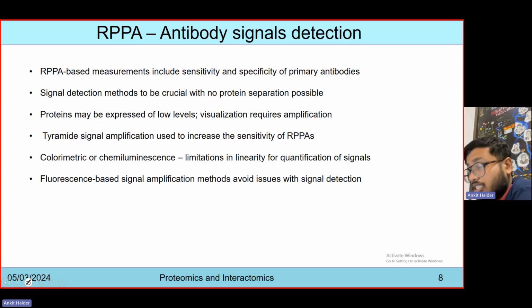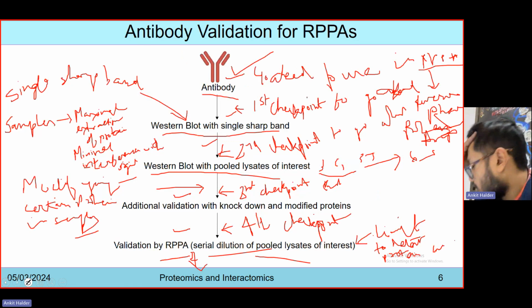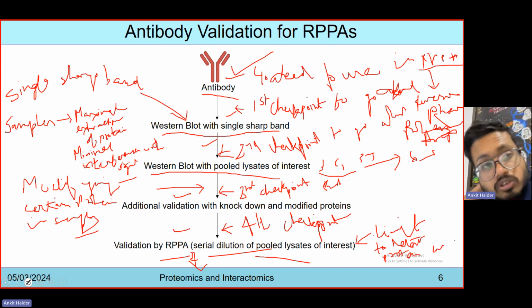Antibody is validated using four different checkpoints. One is identification through Western blot showing a proper band. Second is testing with pooled lysate. Third is testing with knockdown and modified proteins, because our aim is to identify proteins with modifications as well.